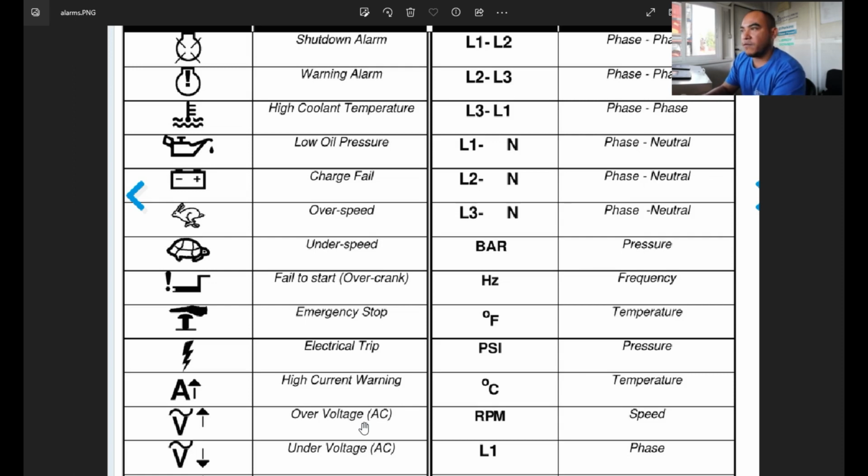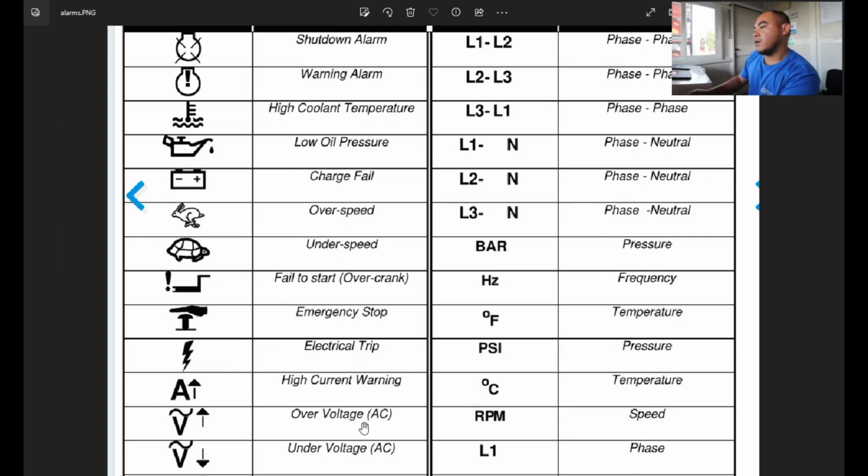Because if your configuration is single phase and your wiring is 3-phase, it can affect the voltage reading of your module. Sometimes it will cause over voltage or under voltage because of wrong configurations. So it should match between your configurations and your voltage output.